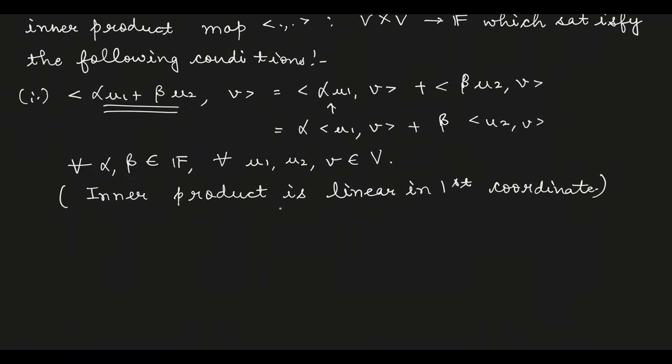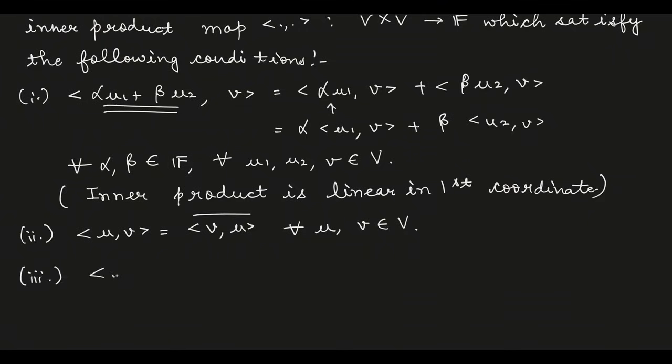Second property: inner product of u comma v is equal to the conjugate of inner product of v comma u, for all u comma v belonging to vector space V. Third property: inner product of u with u itself is greater than or equal to 0, and equal to 0 if and only if vector u is 0.